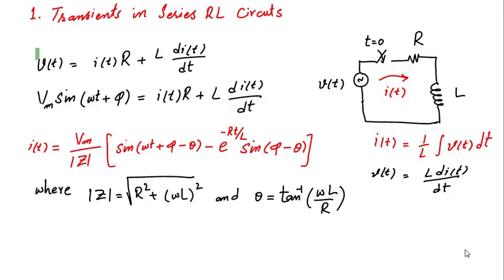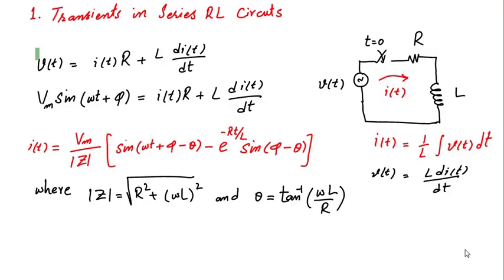Now if we analyze this equation, again we can see there are two parts. The first part, sine(omega t plus phi minus theta), is a sinusoidally varying component, and the second part is an exponential component, which is decaying with time, because we can see the power of that exponential is minus Rt over L, times sine(phi minus theta), and that is the DC component.